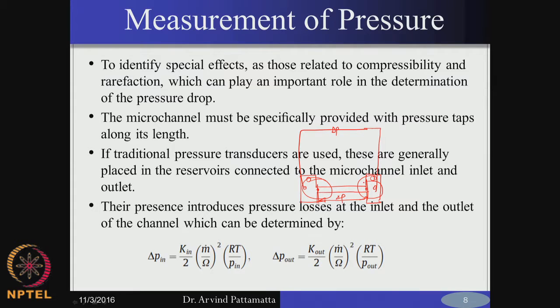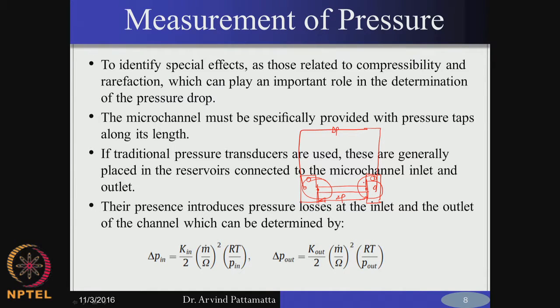One simple way is, of course, theoretically you might know from the correlations what the value of delta P at the inlet is and what the value of delta P at the outlet is, from the entrance and exit losses. But these are approximate, they are not applicable to all kinds of microchannel shapes, okay.